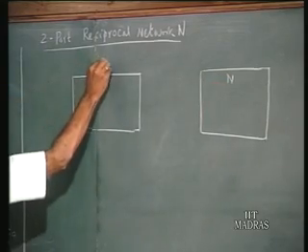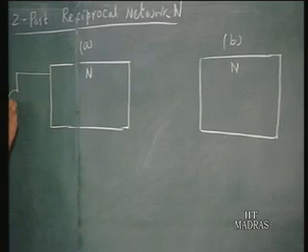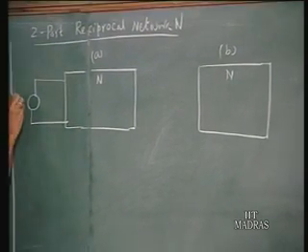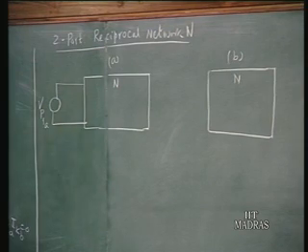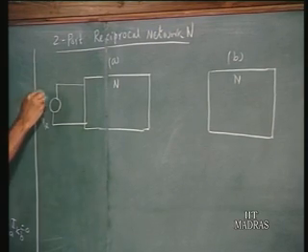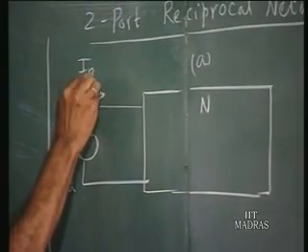So this is under condition A, this is under condition B. So I put VP1A, that is port voltage 1 under network A, condition A, and the corresponding current IP1A.